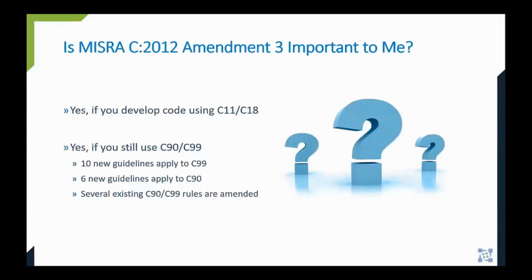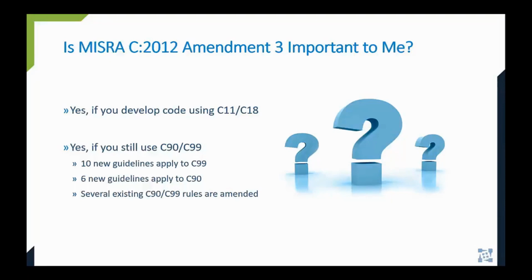So now that we know better the contents of Amendment 3, questions arise. Is this amendment important to me? And shall I consider adopting it in my project, which is currently developed using MISRA C 2012 guidelines? Well, since the title of the document talks about the new C11 and C18 features, the answer surely is yes if you develop your code using C11 or C18.